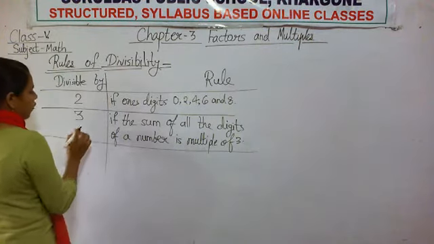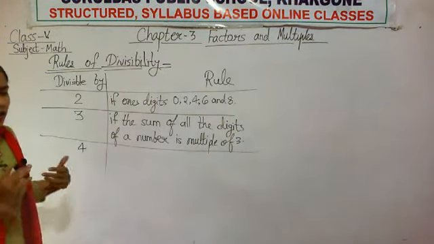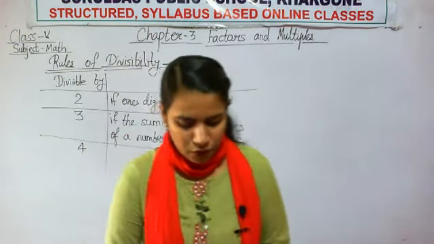Okay, now let's take divisible by 4. What is the rule for divisible by 4?